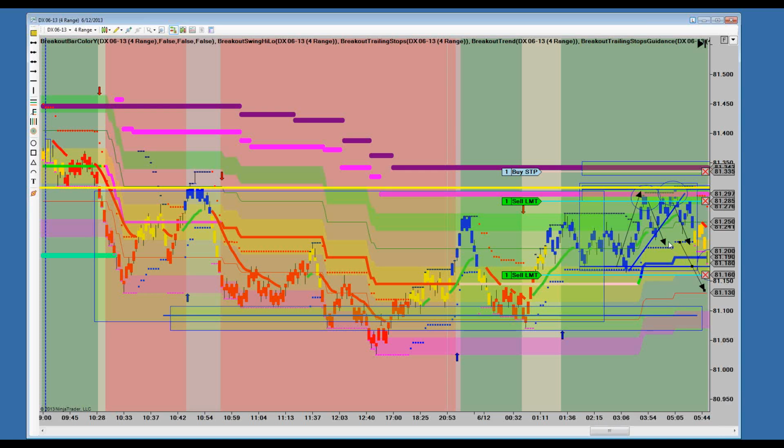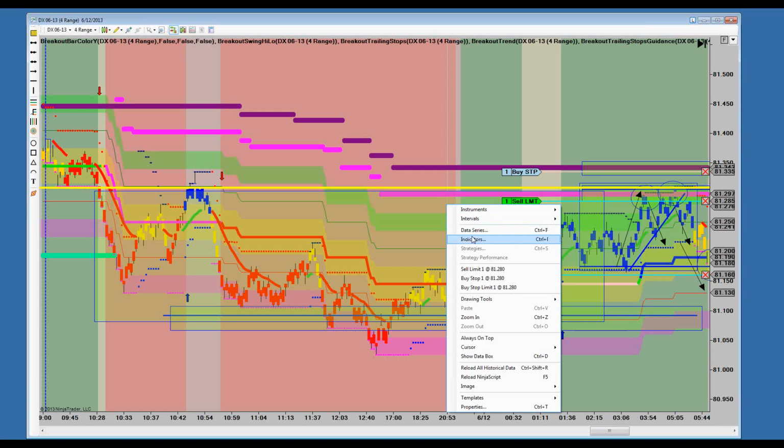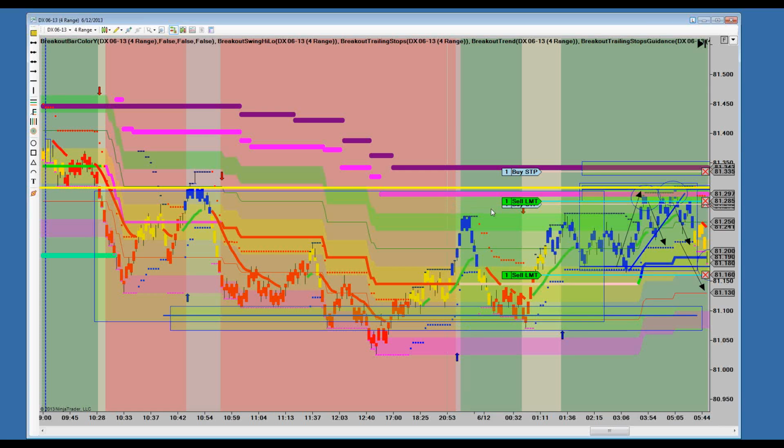Now, the risk in that is that you look at this chart and you say to yourself, well, on this lower trade at the bottom of the range, where do I have to put my stop to protect myself? I might have to put my buy to cover stop at the top of the range, possibly way up in this area right here.